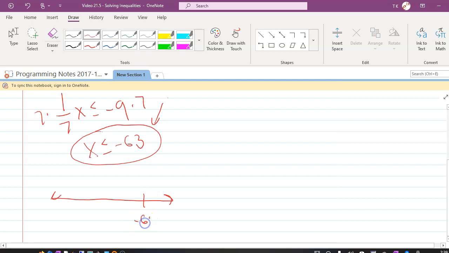So there's -63. If I mark this on the number line, it'd be like that. Any numbers that get graphed on the number line, anything less than -63, satisfy this inequality.